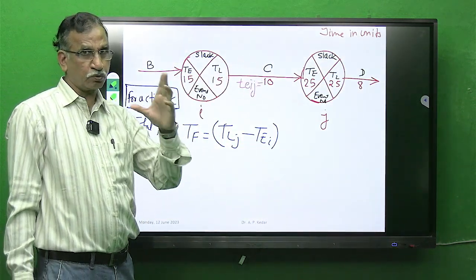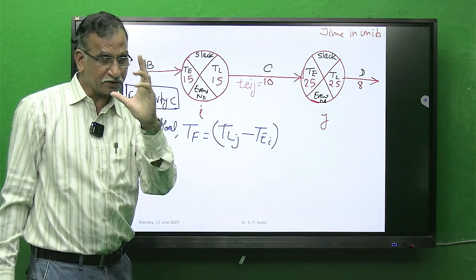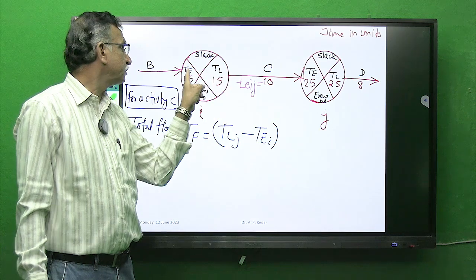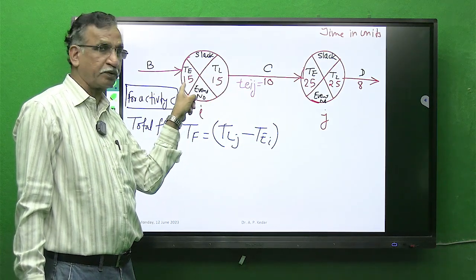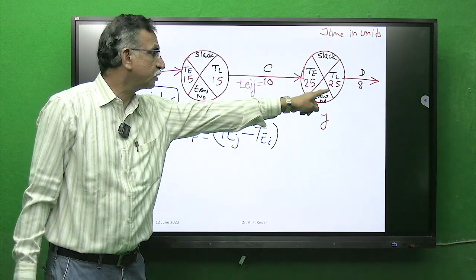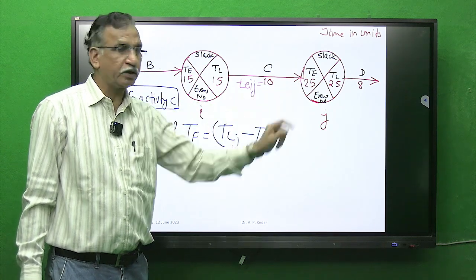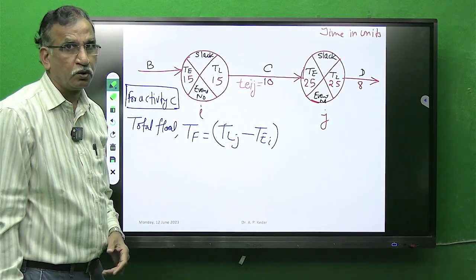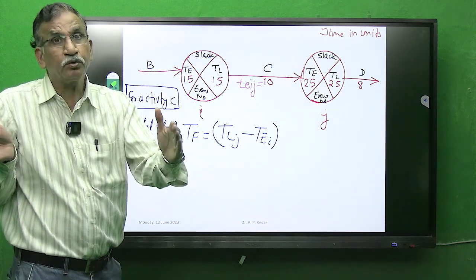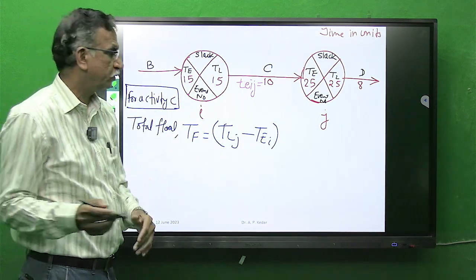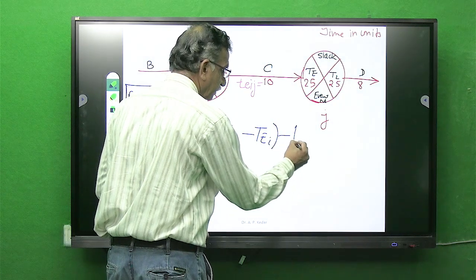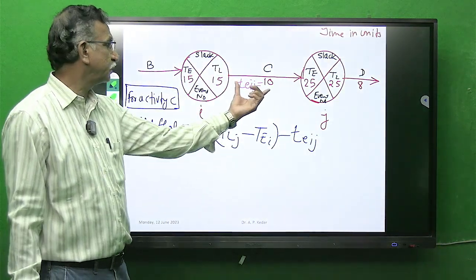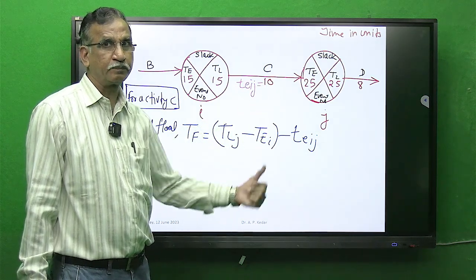This is the gap available. For activity C, the total span available to perform the activity for this network is: the earliest start of C can be 15 units and the latest completion of C can be up to 25 units. So you have a gap of these two. This is the duration available to you. But how much does it take? It takes 10 days, TEIJ.